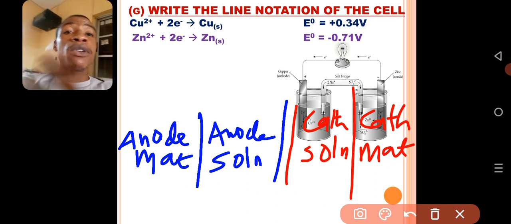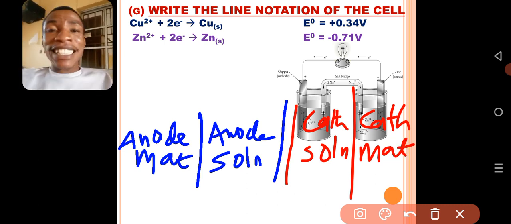So that's the formula that you are going to use to write out your line equation.